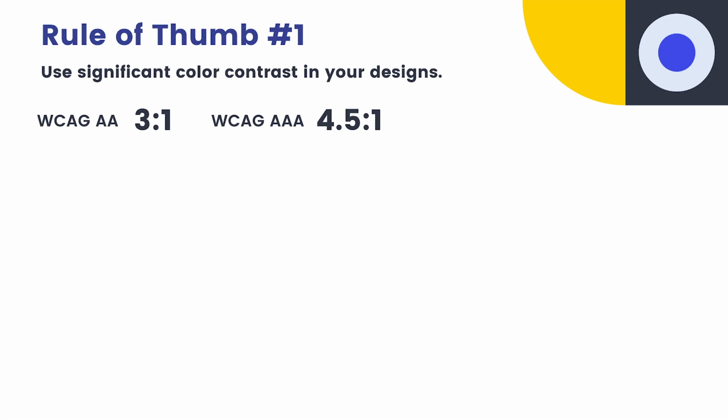WCAG stands for Web Content Accessibility Guidelines, which are essentially the accessibility guidelines that websites and other digital products follow on the internet. The value 3 to 1 or 4.5 to 1 refers to the contrast ratio between two different colors, and you can get this by entering these color values, either their hex codes or the RGB values, into a contrast checker, which I'll link to in the description box below.